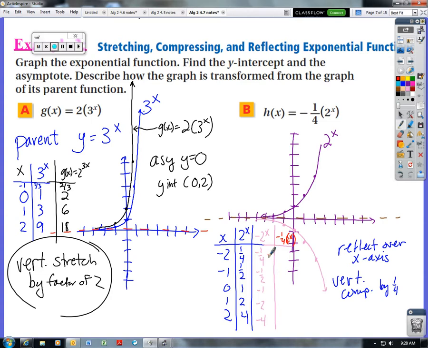So 1/4 times that is 1/16. 1/4 of that one is 1/8. 1/4 of that one is 1/4. 1/4 of that one is 1/2, and 1/4 of that one is 1. And these are all still negative.